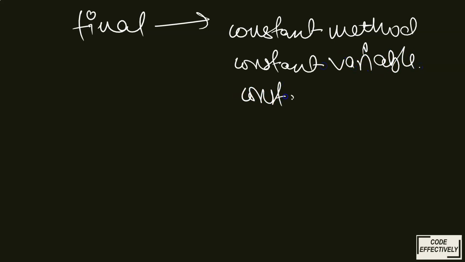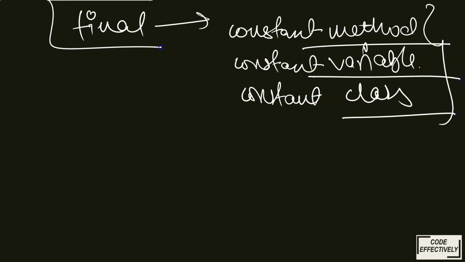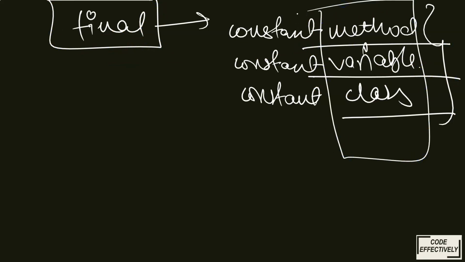We can also define a constant method and a constant class. We can define a class, a variable as well as a method as final, so that no one else in this world can change their values. Now you will say, how ma'am? Now we will see with the help of an exact program.